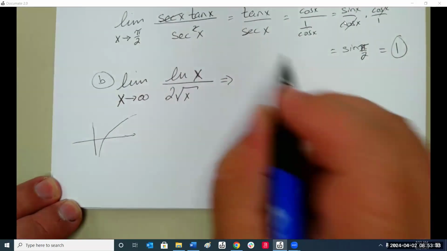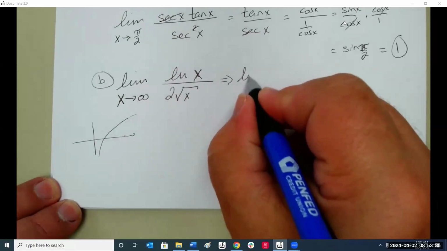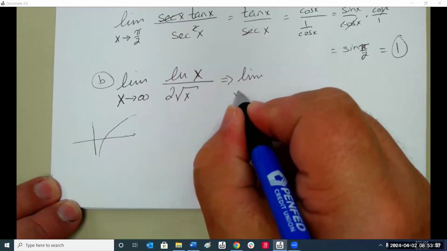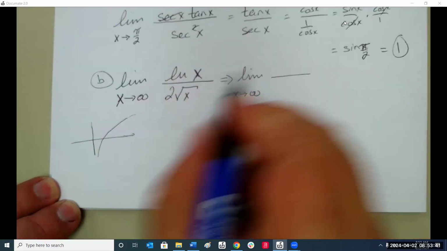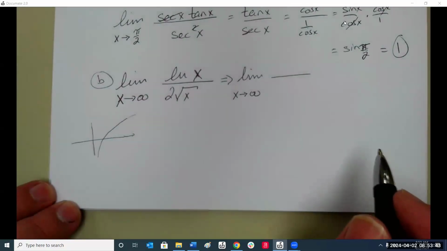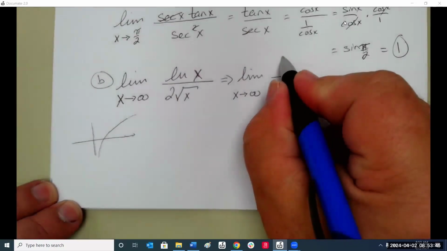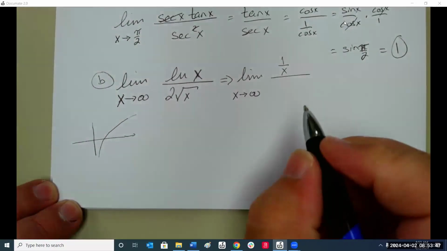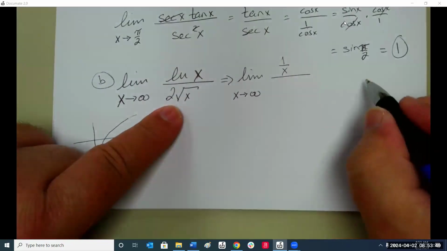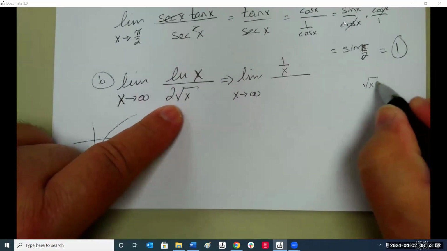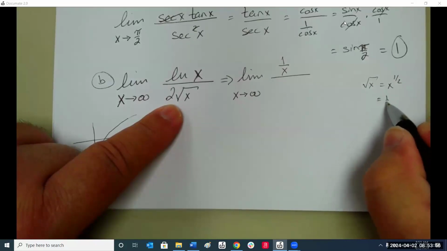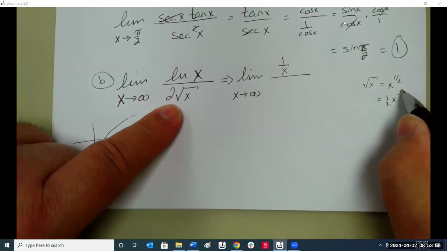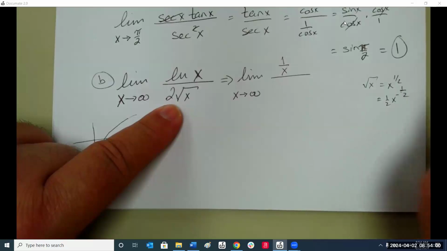So we take the derivative. The derivative of ln x is what? 1 over x. The square root of x is x to the power 1/2, so the derivative is 1/2 x to the power negative 1/2 times the derivative of the inside.